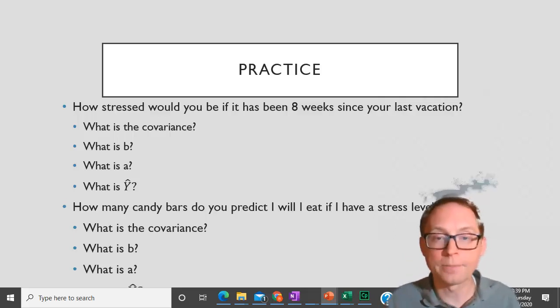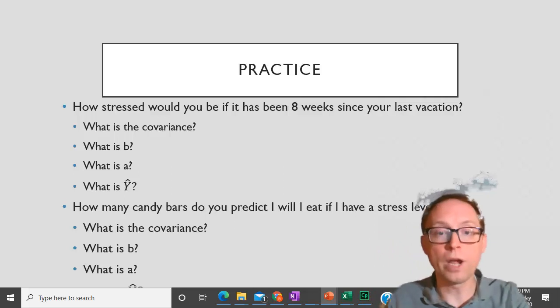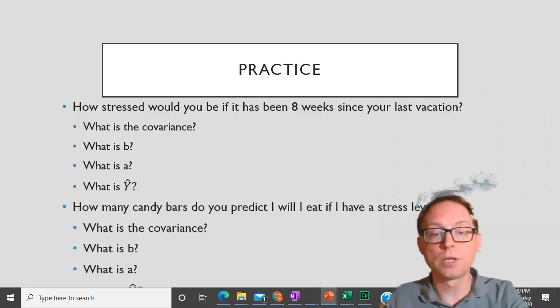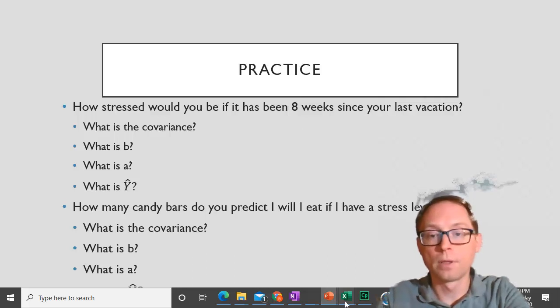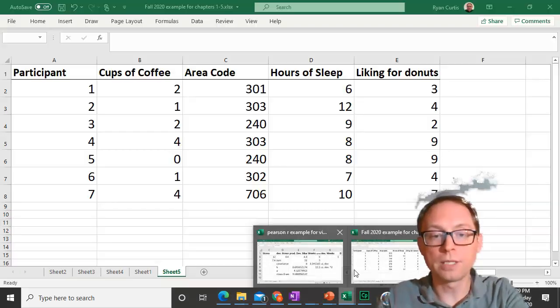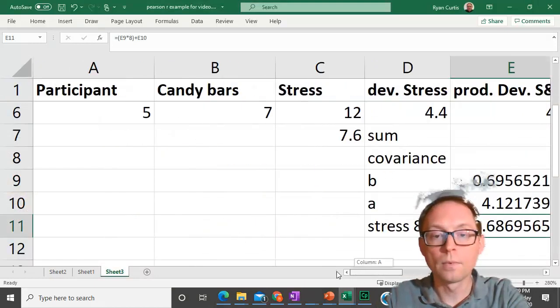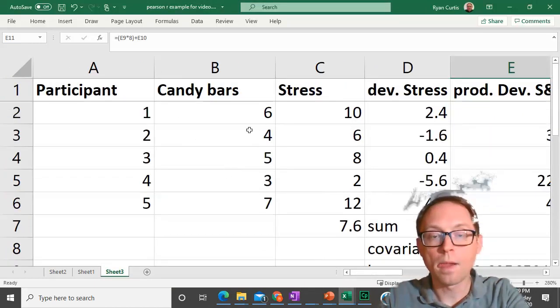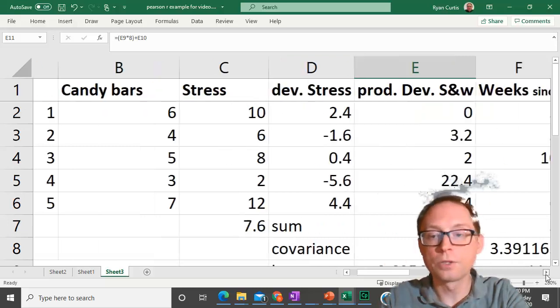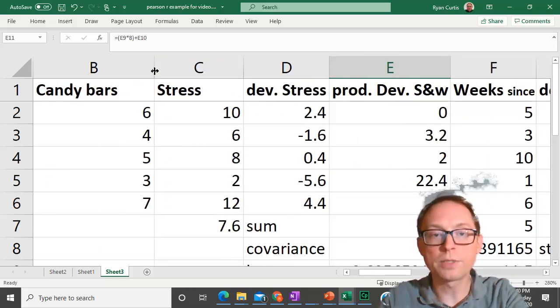So let's do the same process. First, what is the covariance between candy bars and stress level? So back to the data. Here's candy bars, and there's stress level. Now, luckily, we've already got the deviations of stress going on right there. So let's move this over, and we'll make some space for candy bars.